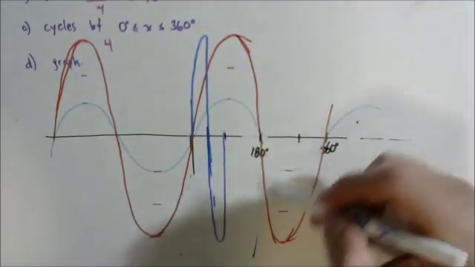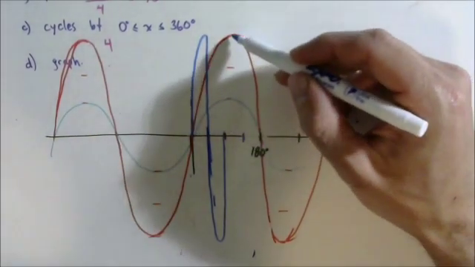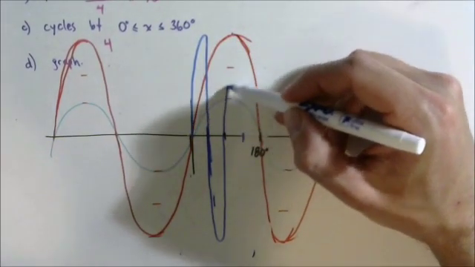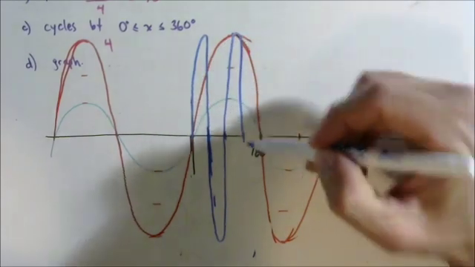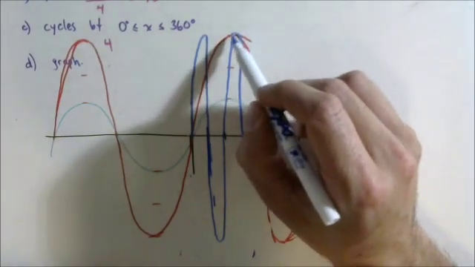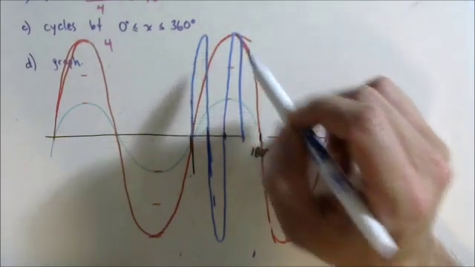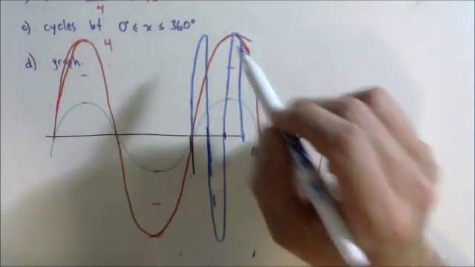We're going to do that again by the time we get to 180. So I'm going to draw a little indicator there. I want to go up to here, back down. It's just bad drawing that these maxes lined up at the same spot. They really shouldn't. This max should be at 90. The red max should be right up there.